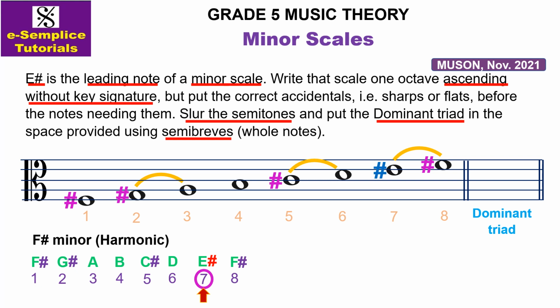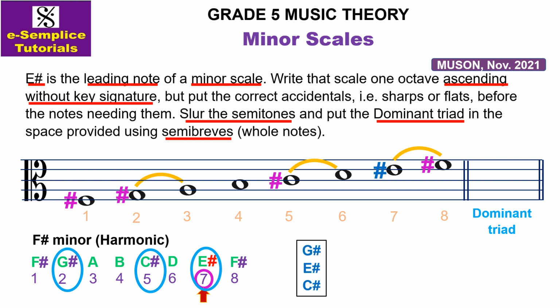So working on the dominant triad, dominant means the root will be the 5th degree, which is C sharp, followed by the leading note, followed by the supertonic note. So if you have that, you'll have C sharp, E sharp, and G sharp.